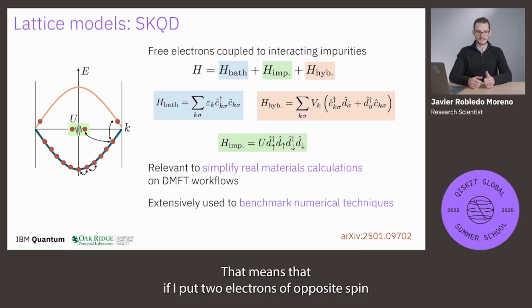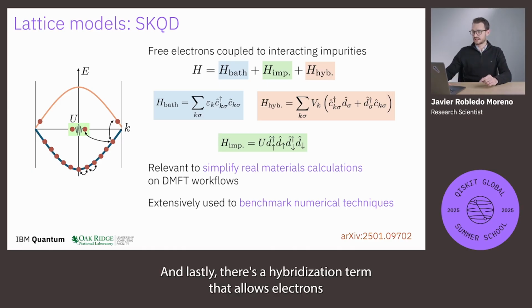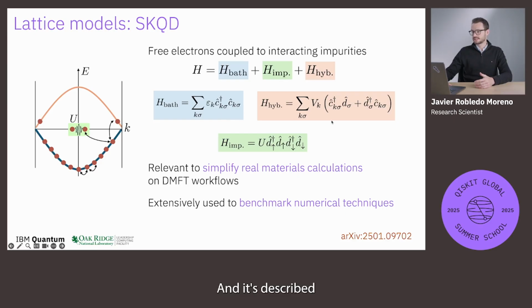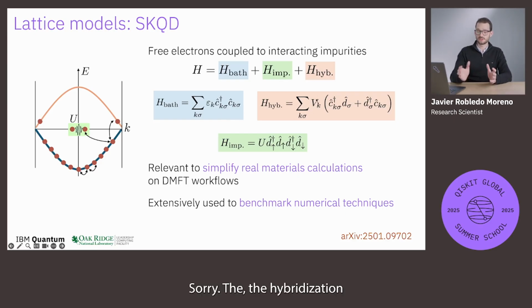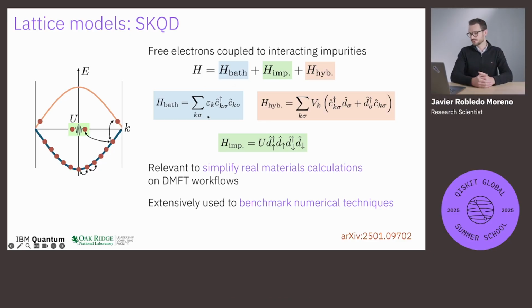That means that if I put two electrons of opposite spin in the impurity, I'm going to pay an energy price U to have them there. And lastly, there's a hybridization term that allows electrons to hop from the conduction band to the impurity mode. It's described by the hybridization parameter V_k, and it depends on the value of the different modes.